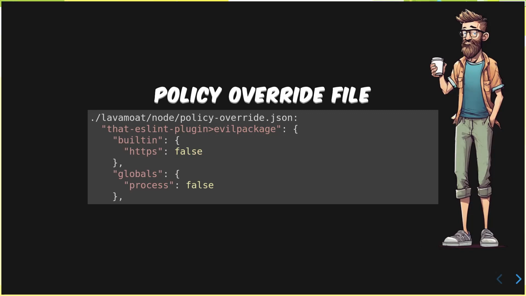But more importantly, if the evil package is obfuscated, static analysis that generates the policy, the initial policy that you then evaluate, is not going to detect that. And by default, none of these powerful APIs are going to be available.